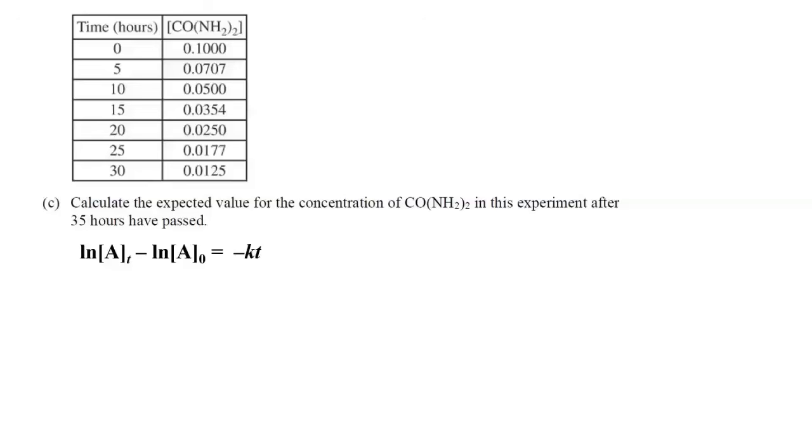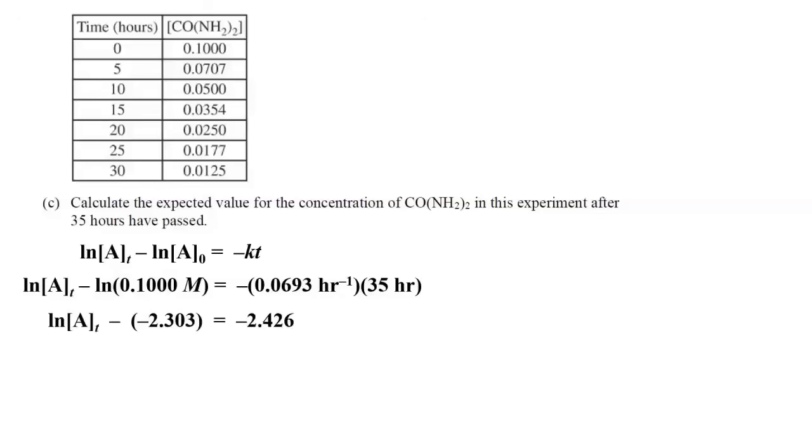We know from part B that the rate constant is 0.0693 inverse hours. The time is 35 hours. We know the initial concentration of the reactant at time 0 is 0.1 moles per liter. So I'm plugging in all of that information into the natural log equation. What I don't know is the concentration at time t.